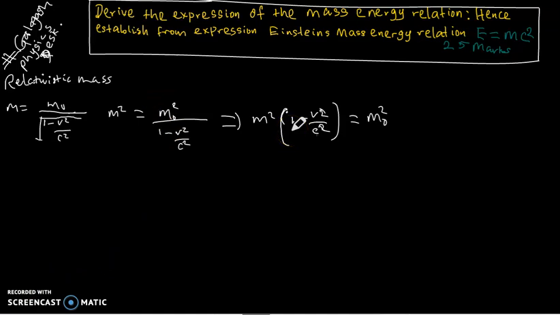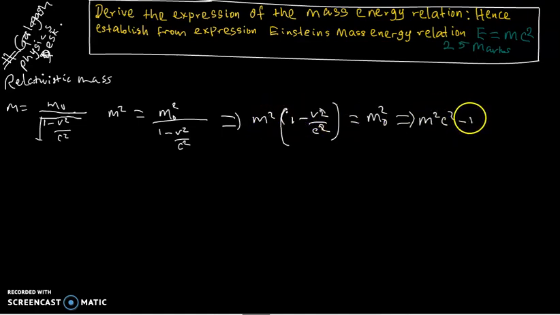Now, to get rid of this fraction, because you can notice that we have a fraction here, we multiply both sides by c squared. m squared by this will give m squared c squared minus m squared times 1, which is simply m squared, and m squared times v squared will give us m squared v squared.